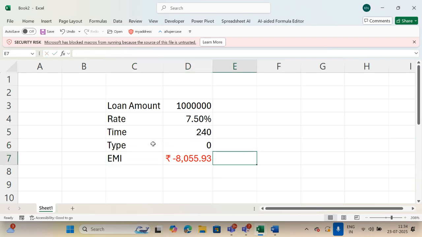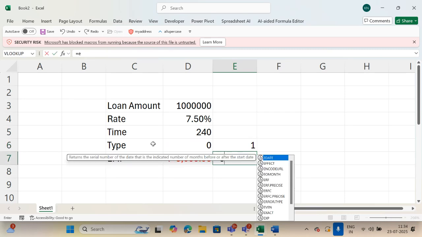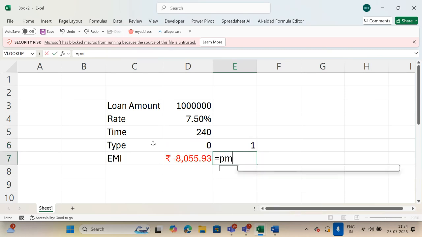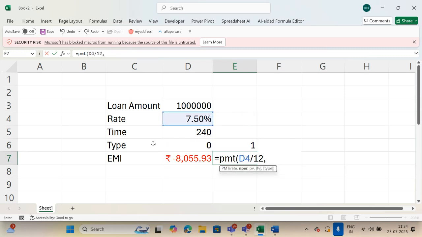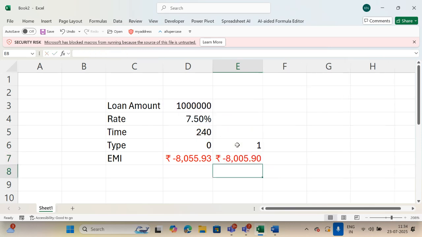Now here I'm taking type 1: equals PMT, then the rate divided by 12, comma Nper, comma PV, comma 1. Now the EMI is 8,005 here, but there it is 8,050. So there is a difference of 50 rupees.